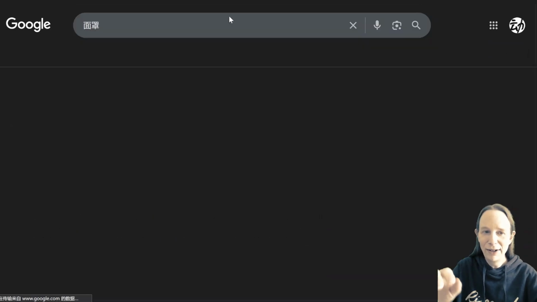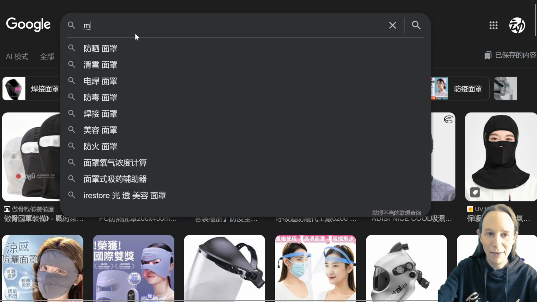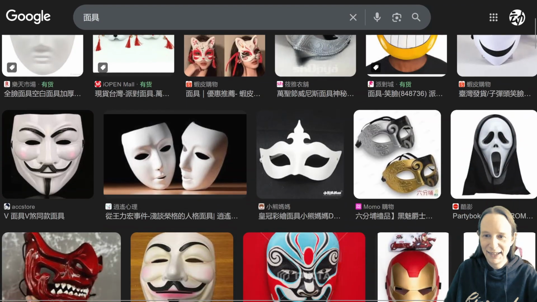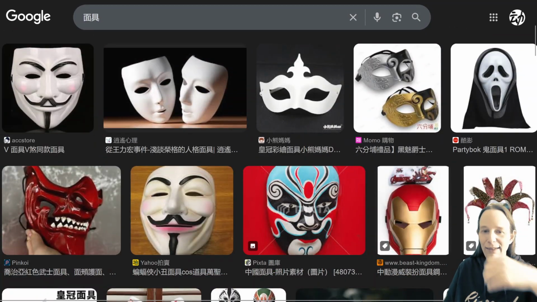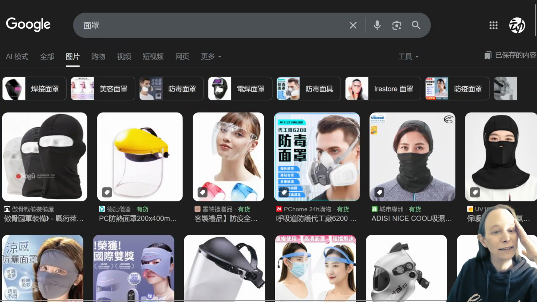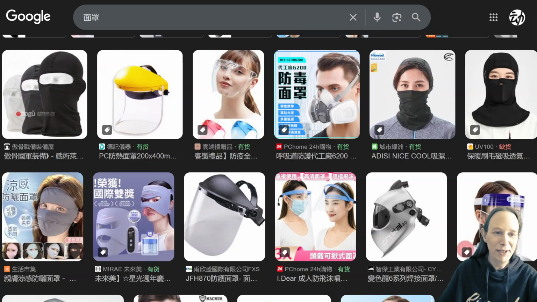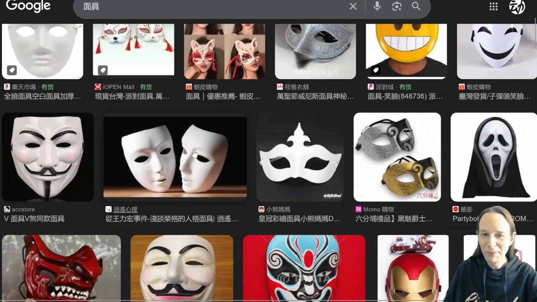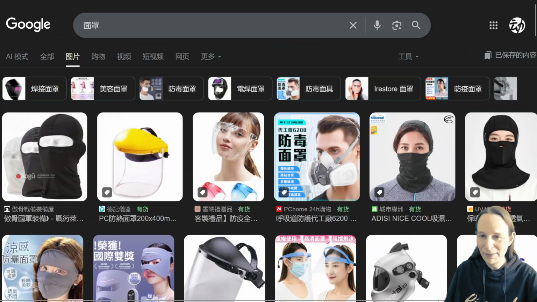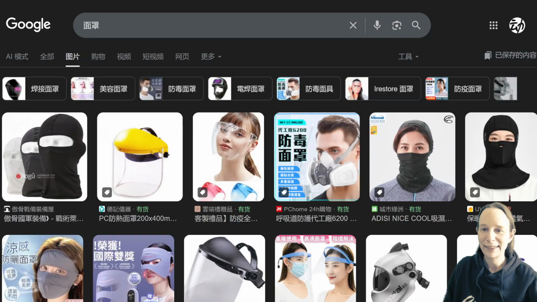So this is covering your face. 面罩. And 面具. This is like a mask. What's the difference between 面罩, 面具? 面具 you see in plays and things like this a lot. 面罩 seems to have some kind of protection functionality. Yeah, anyway.